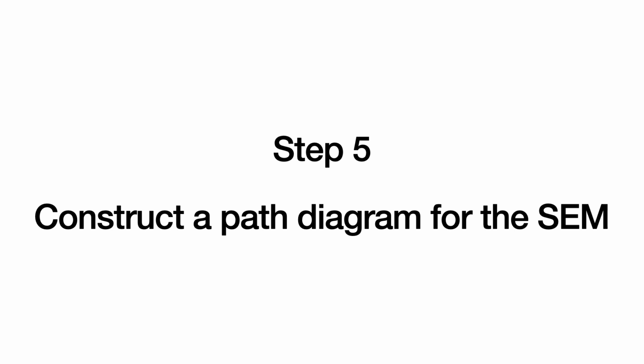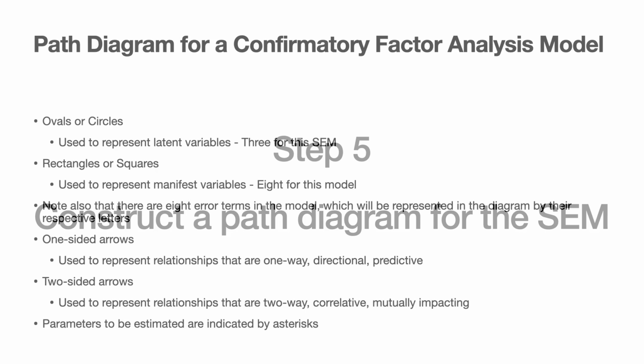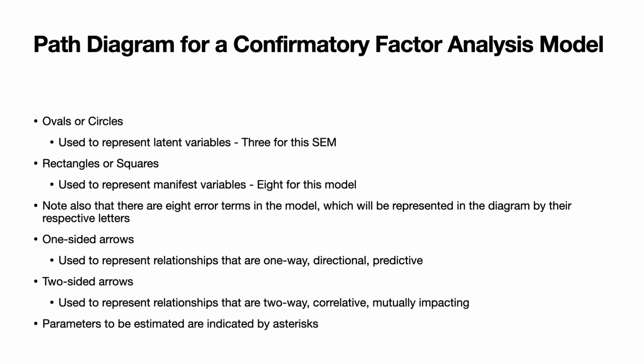Step 5 in our process is to construct a path diagram for the confirmatory factor analysis structural equation model. You will recall that ovals or circles are used to represent latent variables in a path diagram, and there are going to be 3 ovals in this particular path diagram.